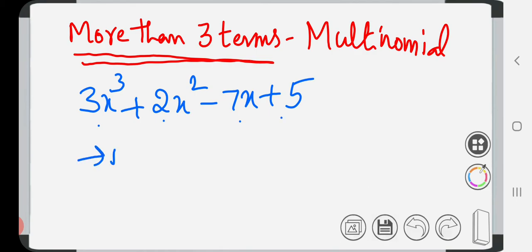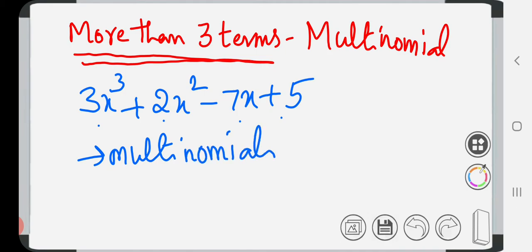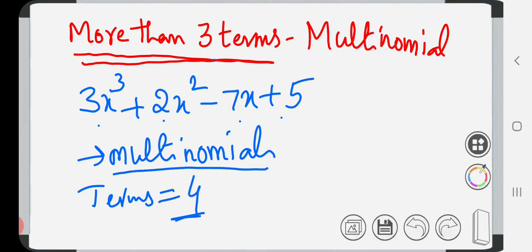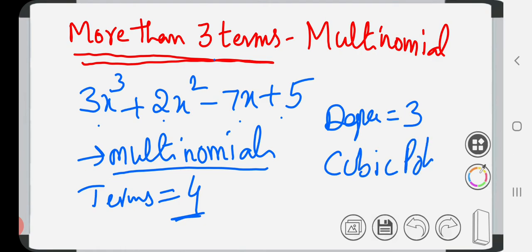Therefore, this is called multinomial. The number of terms is equal to 4. More than 3 terms, that is called multinomial. And based on the degree, the degree is equal to 3. Therefore, it is a cubic polynomial. Like this, we can name the polynomials.